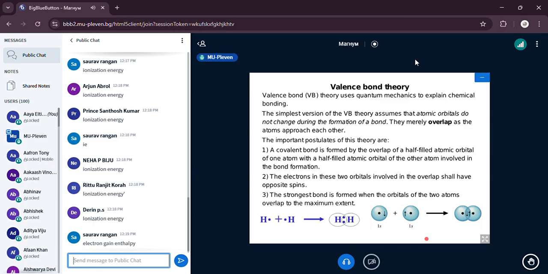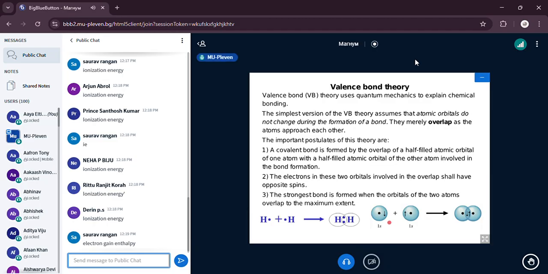The electrons of these overlapping atomic orbitals should have opposite spin to arise bonding. And the larger the overlapping, the stronger the bond.